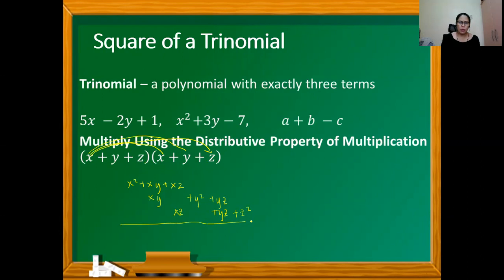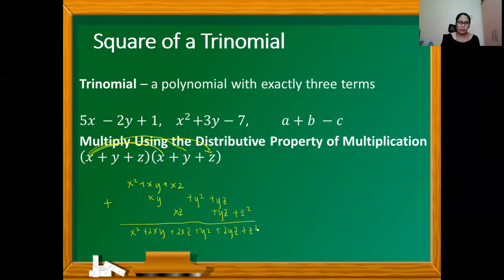And then we combine like terms to simplify our answer. So we'll bring down x squared here, and then xy can be combined with another xy. So we have 2xy, and then xz plus xz is 2xz, and then we have y squared, we have 2yz, and then z squared.